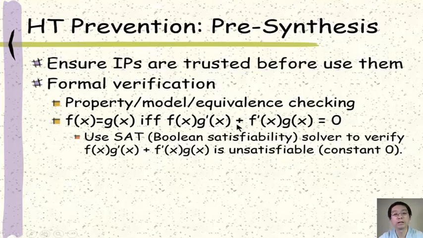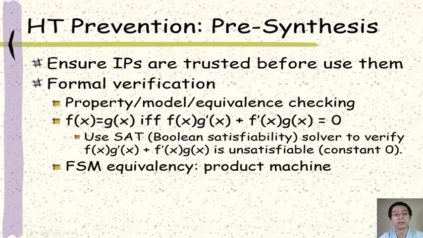This can be verified by Boolean satisfiability solvers trying to verify this entity is unsatisfiable, which means it is always a 0. And for sequential components, we can do the finite state machine equivalence check. This work can be done with the concept called the product machine, which we will show on the next slides.